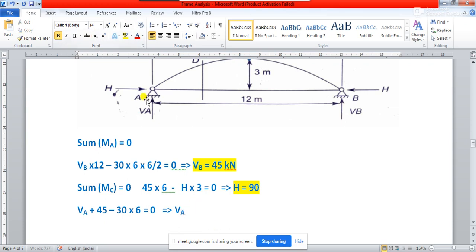The calculated value of VA is going to be equal to 180 minus 45, that is going to be equal to, I think, 135, right? So here I should write kilonewton, and this is also kilonewton. So is it clear?